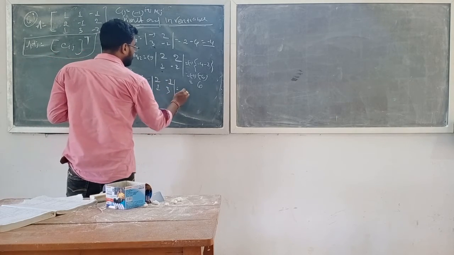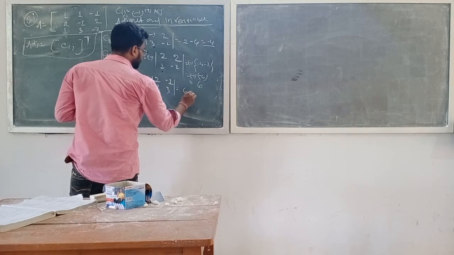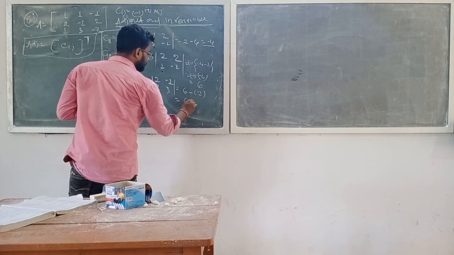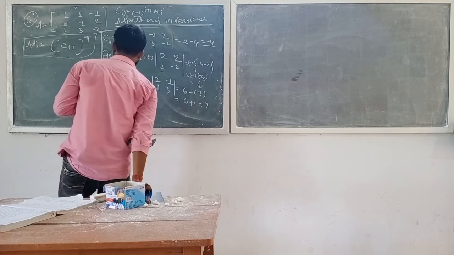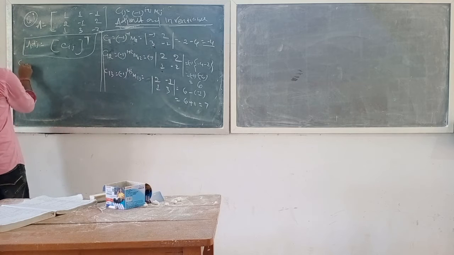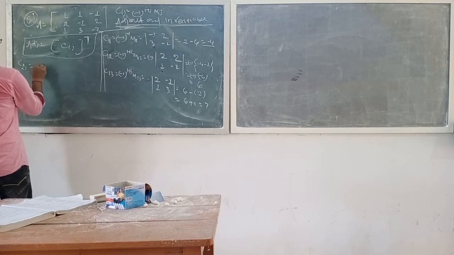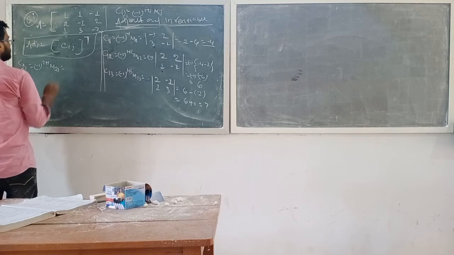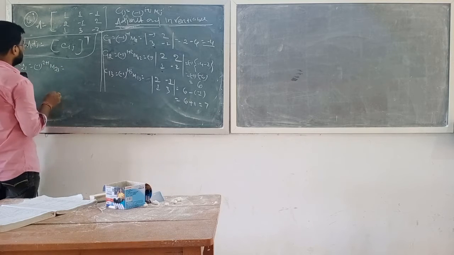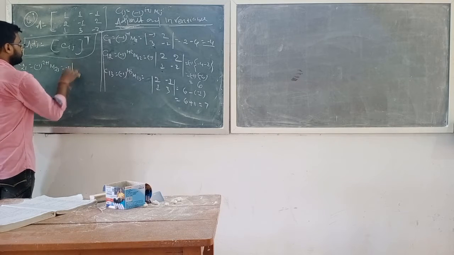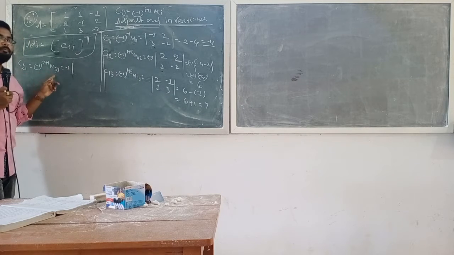So this will be 6 minus of minus 1. So that 6 plus 1, that is 7. Similarly, you can find C21. C21 is -1 to the power 2 plus 1 into M21, so that is -1 into the minus of M21.